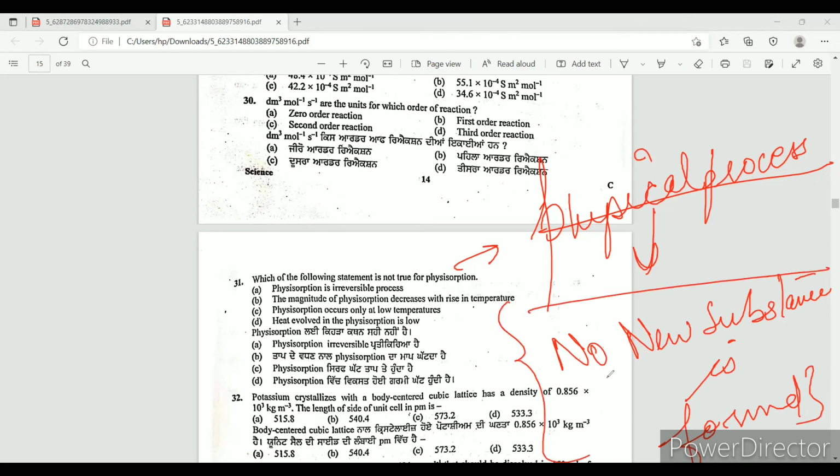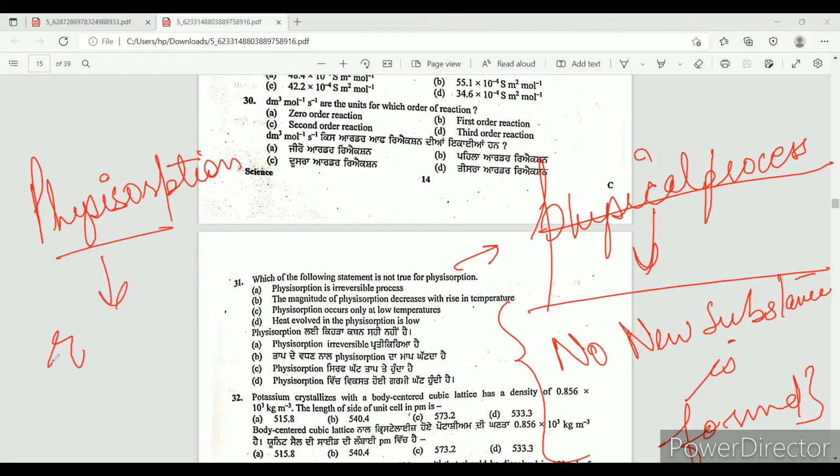That means the process is always reversible. Physisorption is always reversible.